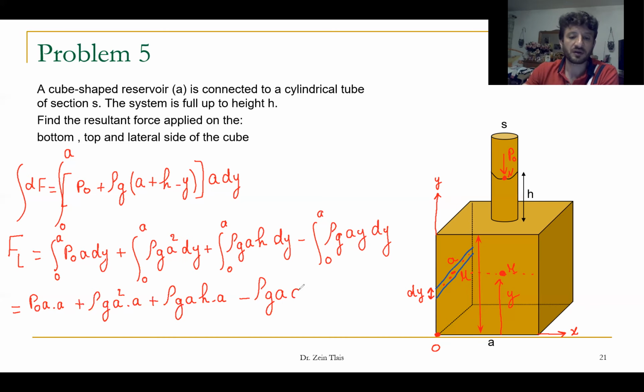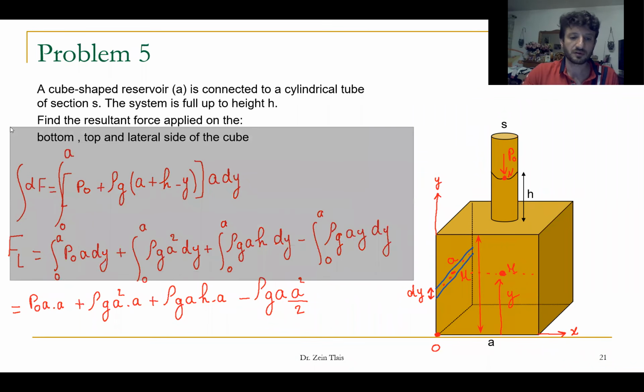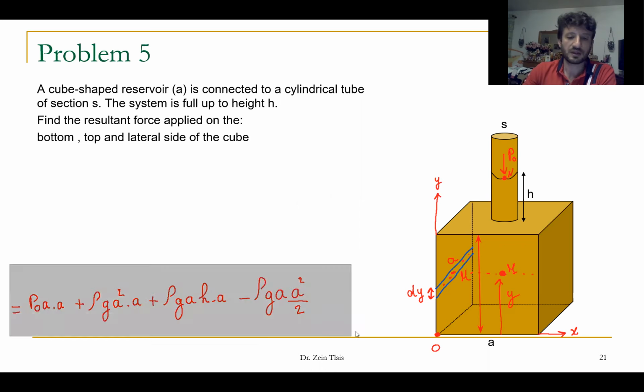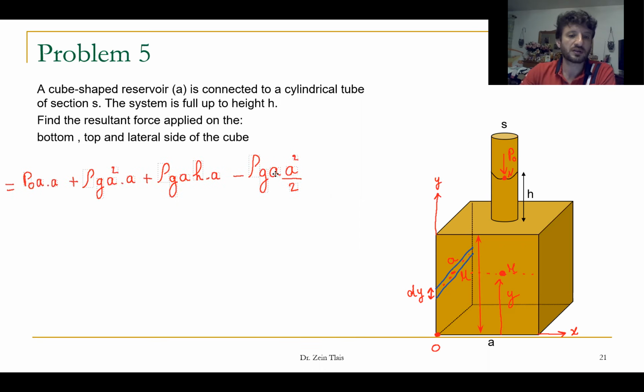So we have here a squared divided by 2. Okay, so this is the total answer. We can simplify this one.